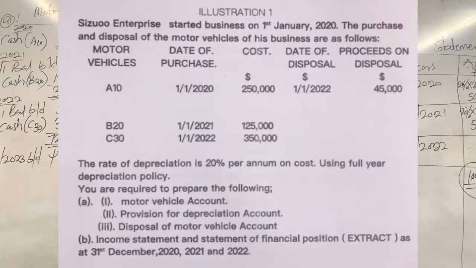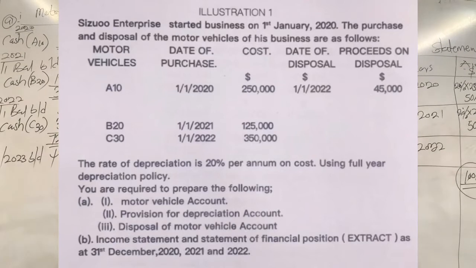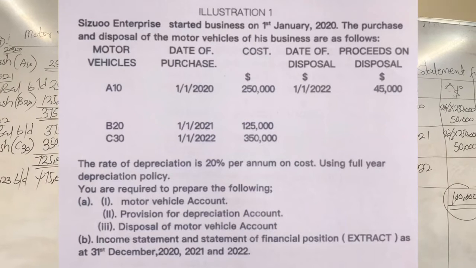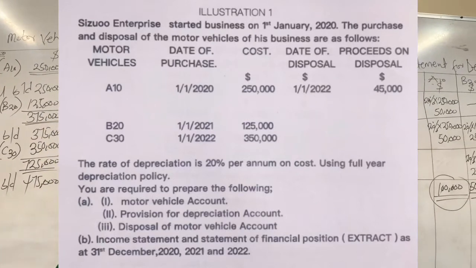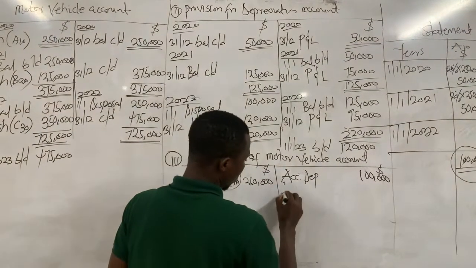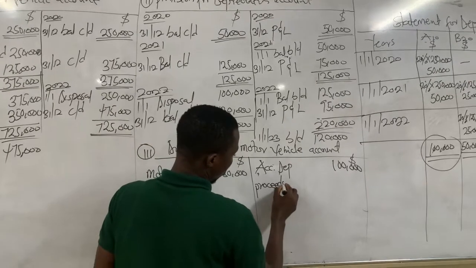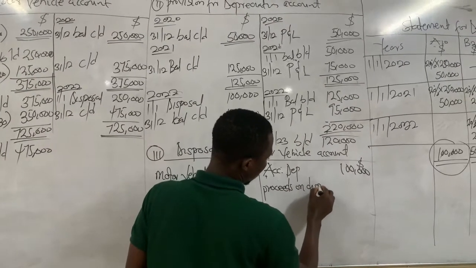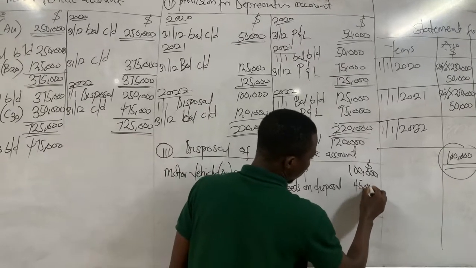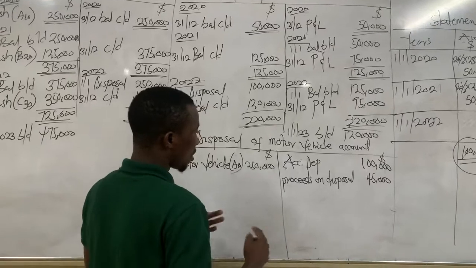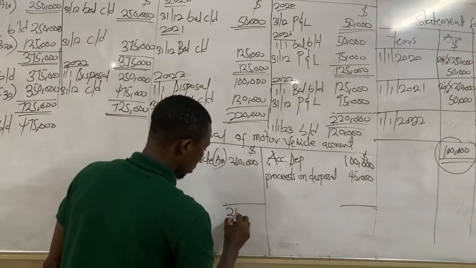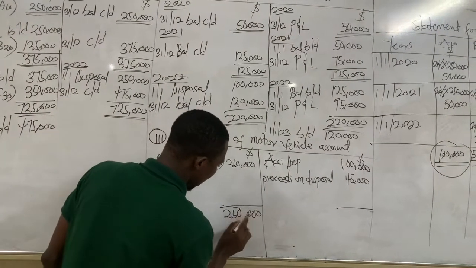So now let's also consider the proceeds. From the question, on 1st January 2022, we disposed of motor vehicle A10 for an amount of 45,000. So that is the proceeds on disposal. The proceeds are 45,000. Is that okay? So now we have to determine the profit or loss on disposal. Let's balance all these accounts.